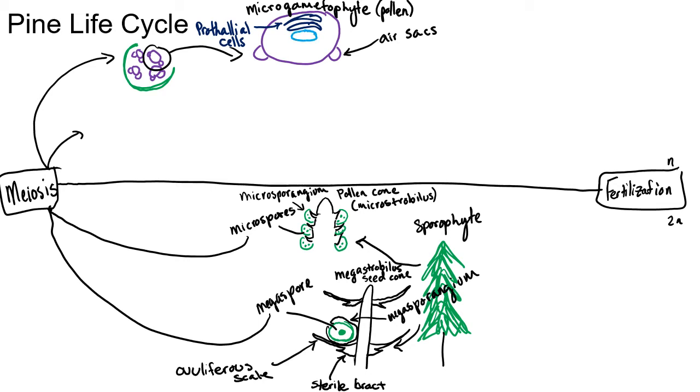So we have prothallal cells, we have the generative cell, this is going to make the sperm.